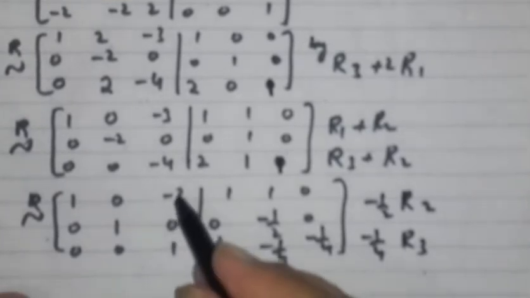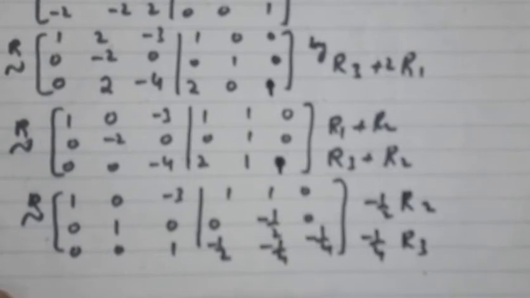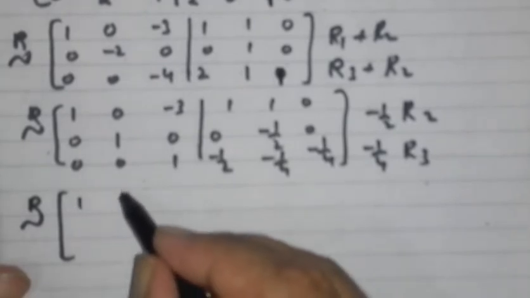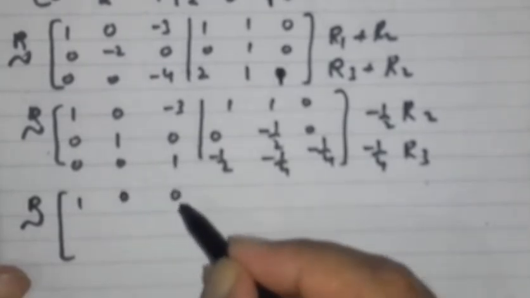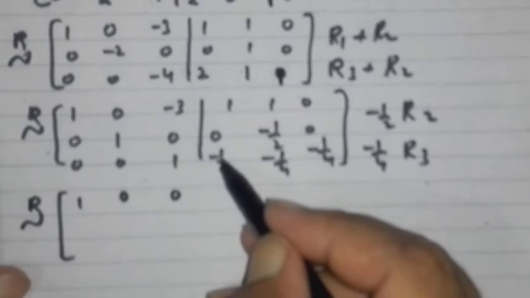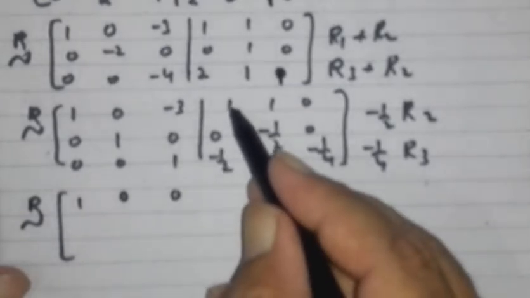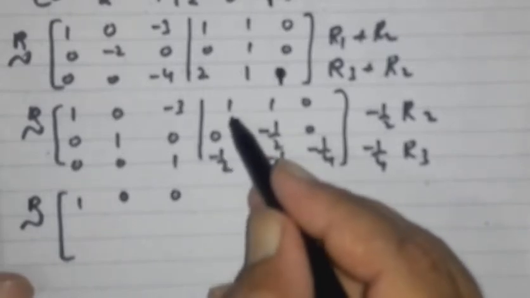Now multiply row third with 3 and add it with this, so here we get 0. Row operation. Here we get 1, 0 and 0. Multiply this with 3, so it becomes minus 3 by 2, and add it with this 1, minus 3 by 2, so we get minus 1 by 2.